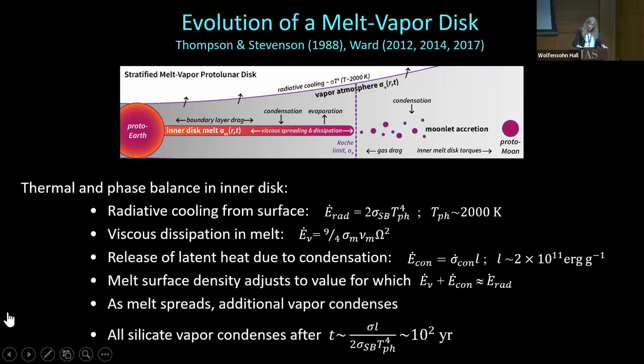And the melt layer adjusts its surface density so as to maintain this balance. And that corresponds to a total mass in that melt layer inside the Roche limit of about 15% of a lunar mass. Then as the melt spreads both onto the Earth and outside the Roche limit, additional condensation from the vapor layer can occur. And then overall, the system evolves on about a 100-year time scale, the time to radiatively cool away that latent heat from the vapor phase.